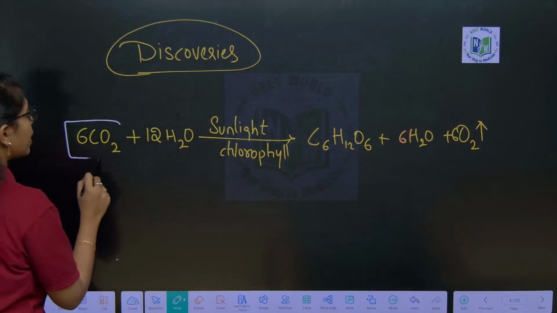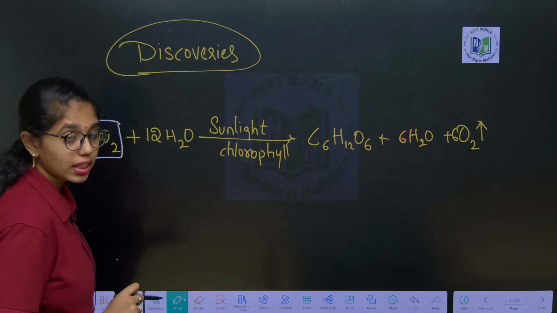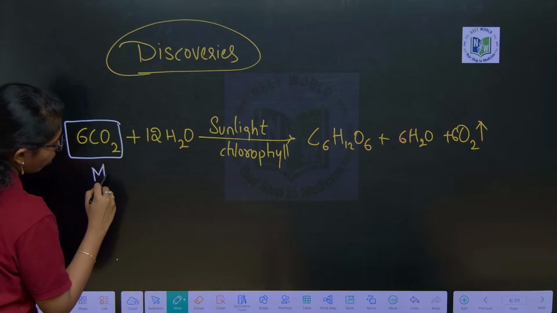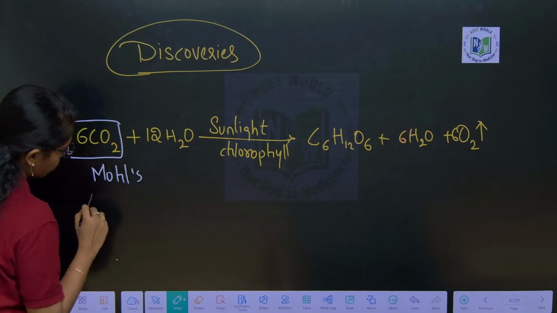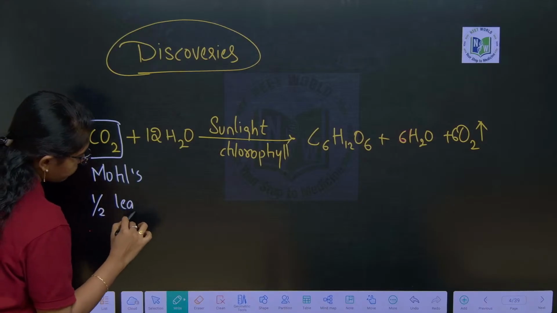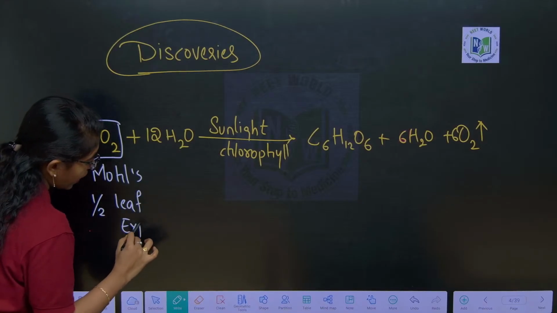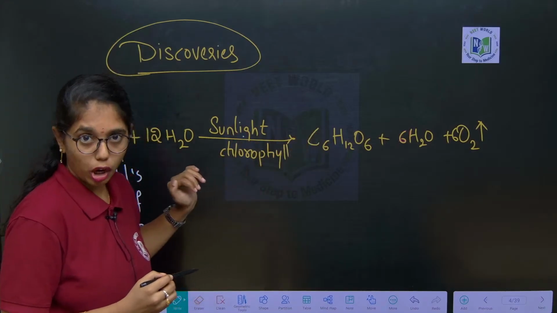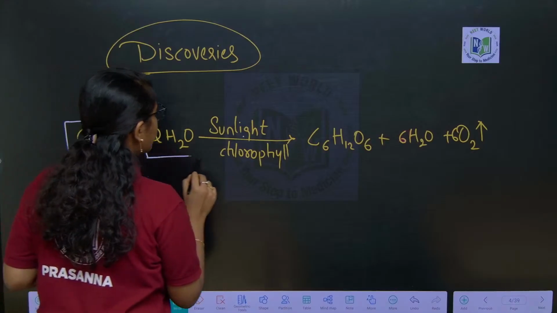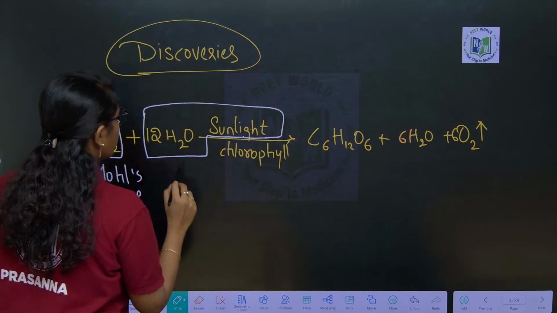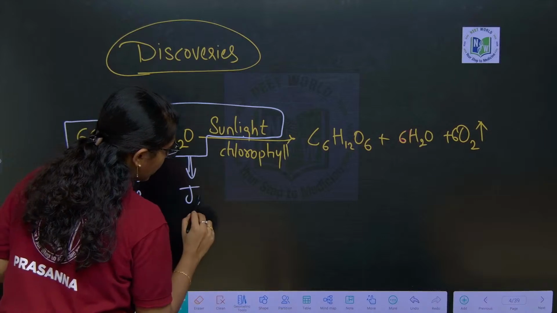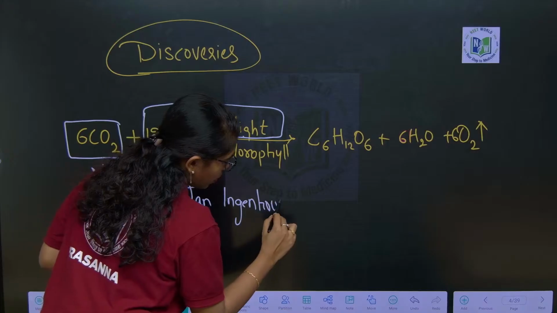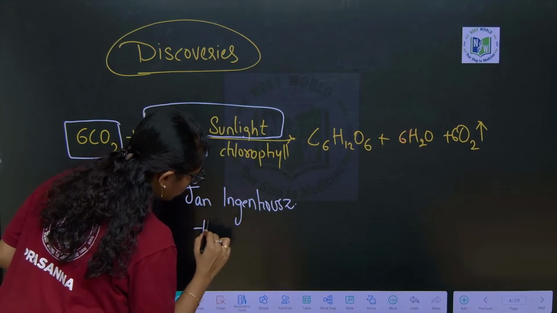So first, carbon dioxide is essential for photosynthesis, is said by Moll. It is known as Moll's half-leaf experiment. And water and sunlight are essential for the process of photosynthesis, is said by Jan Ingenhousz, by taking the model organism Hydrilla.